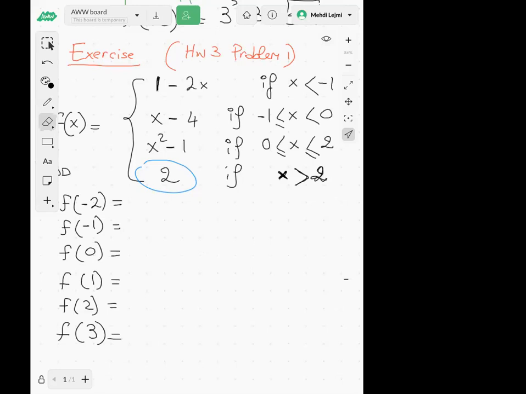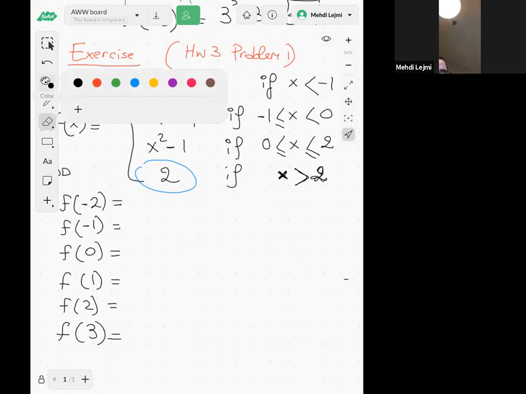So, let me go over them. For the first one, your input x is -2. Of course, it's less than -1, so it satisfies the first condition, and we have to use the first equation.